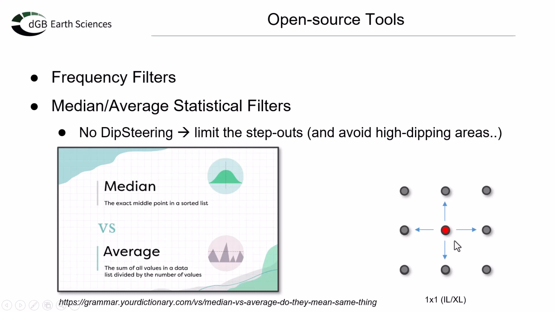We then replace the median or average value from these to this sample that we're looking at here in red. If we increase this to 2 by 2, we're taking the median or average values of 2 samples that are neighboring this central sample and replacing that value with that instead.